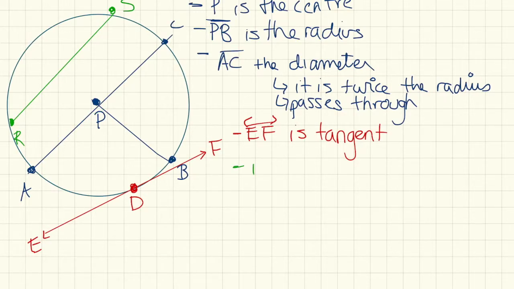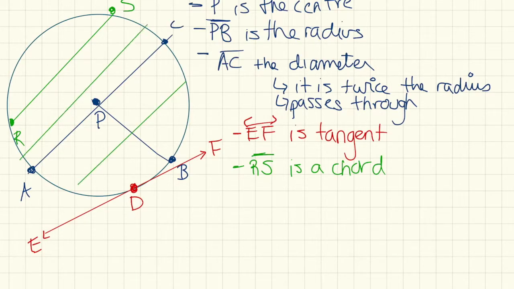So RS, with a line on top because it's a segment, we call a chord. You can have infinitely many chords. This is a chord, this is a chord, this is a chord. Those are all chords because they connect one side of the circle to the other side.